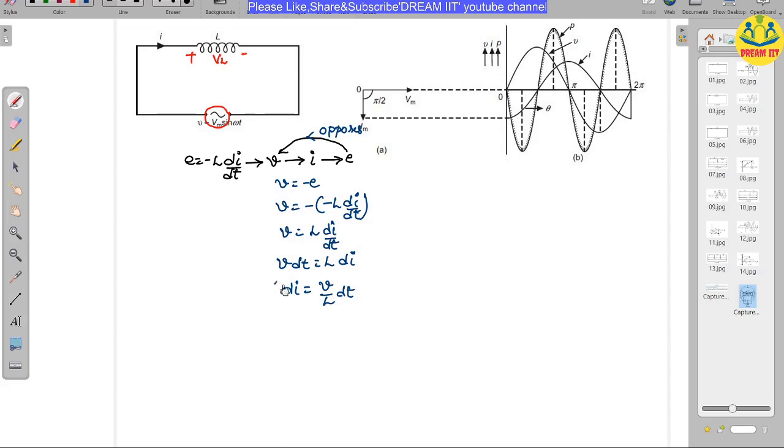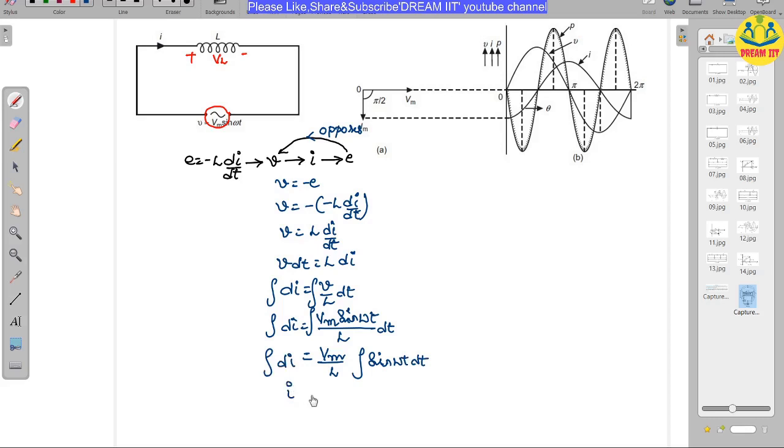Taking integration on both sides, we substitute the value of V given here, that is Vm sin omega t, divided by L, dt. Separating out Vm by L, we have the integral of sin omega t dt, and the integration of di.